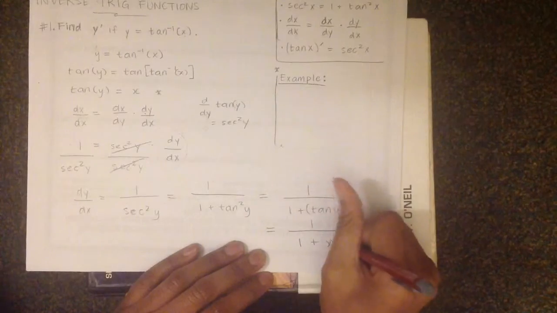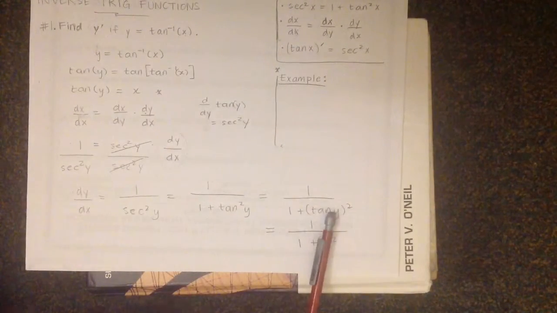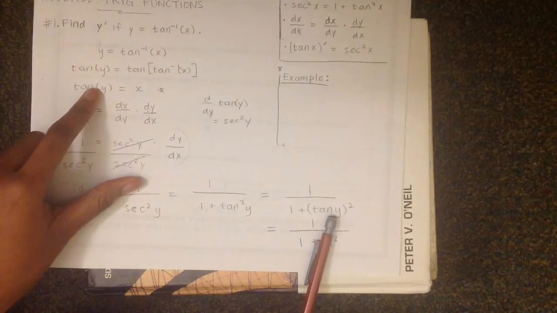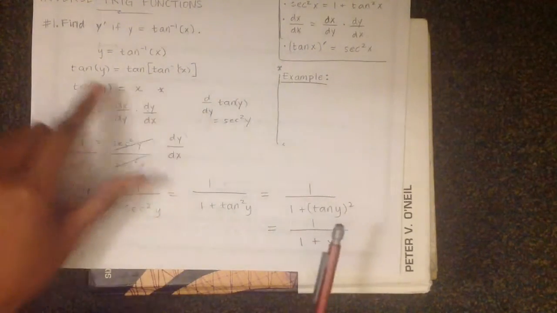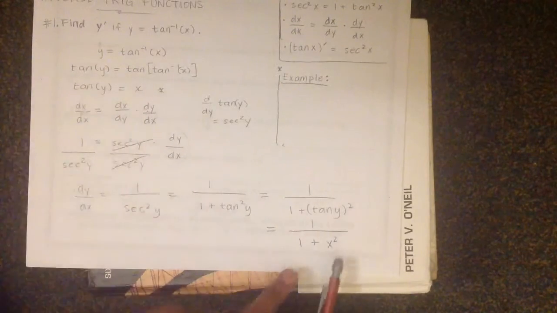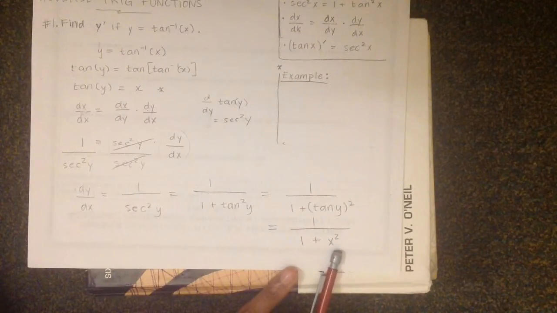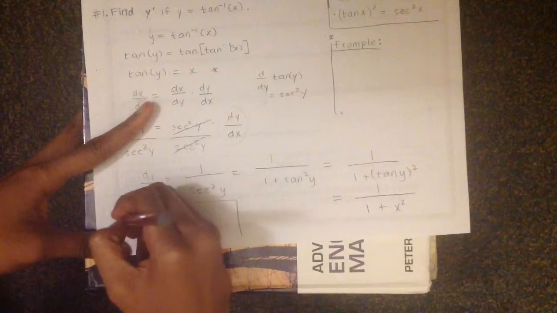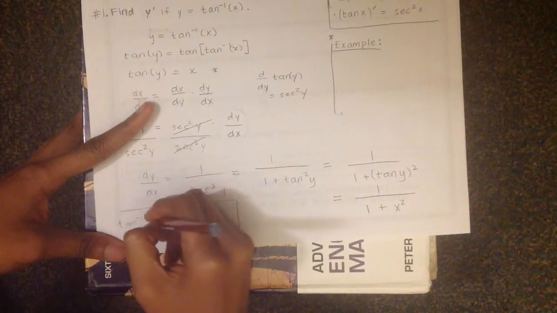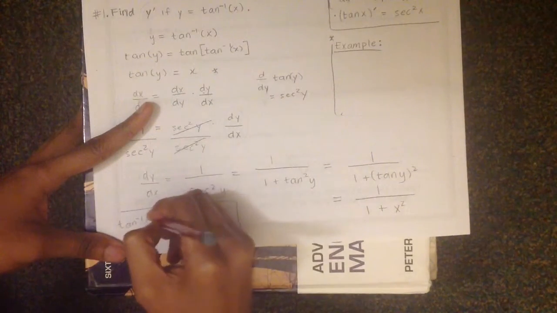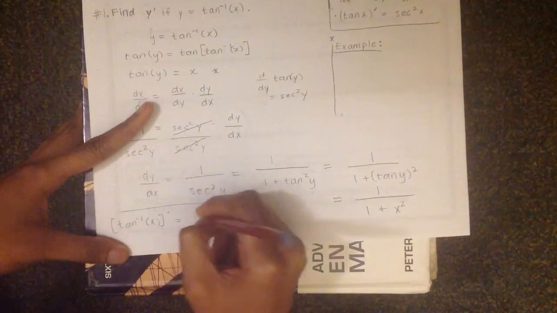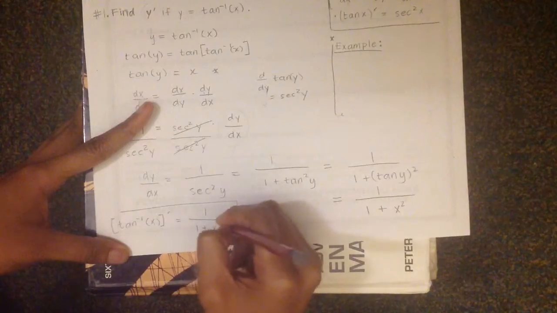So 1 plus x squared. We know that tangent of y is equal to x. We found that earlier. So tangent y is x, tangent y squared is x squared. And this is how you get your answer. So our conclusion is that the derivative of tangent inverse of x is equal to 1 over 1 plus x squared.